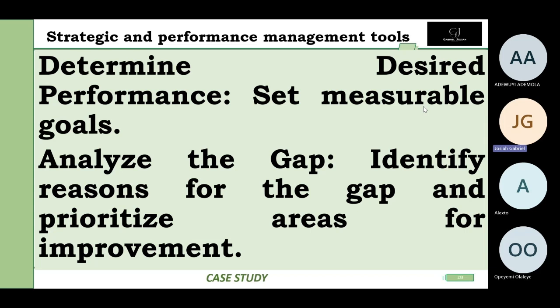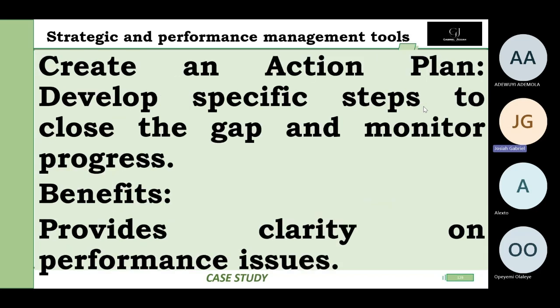Then analyze the gap. What is stopping me from moving from 2 billion to 4 billion? Identify the reasons for the gap and prioritize those areas for improvement. And create an action plan. Develop specific steps to meeting the 4 billion goal, and close the gap and monitor progress. So the benefit of gap analysis is it provides clarity on performance issues.